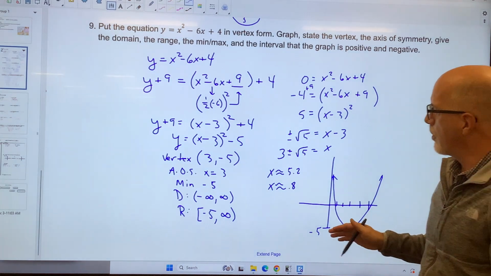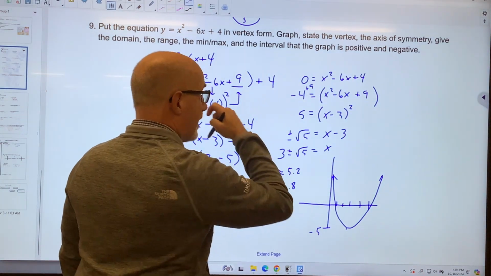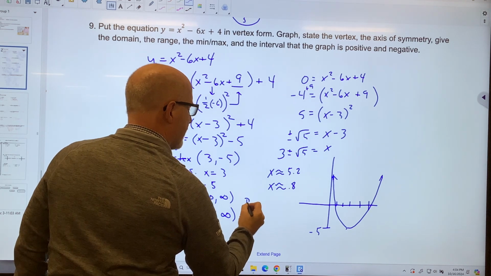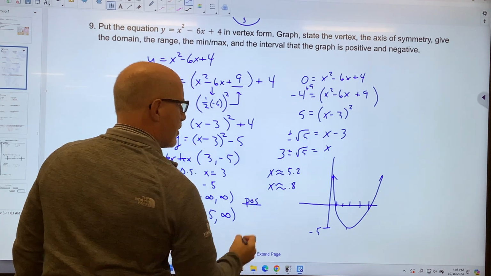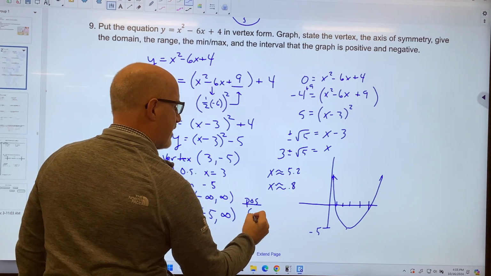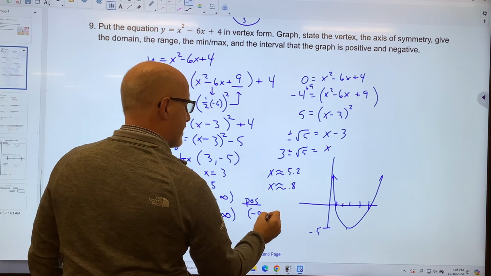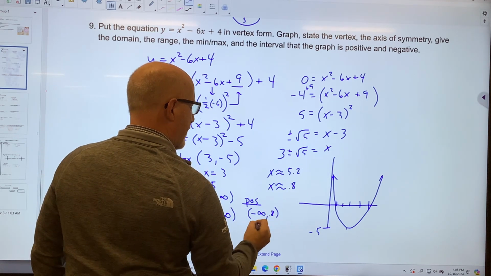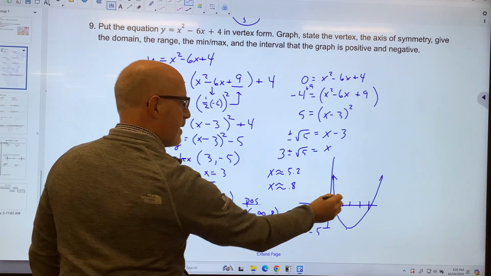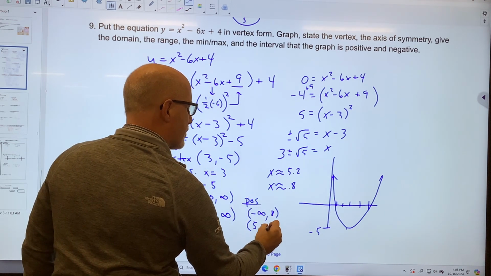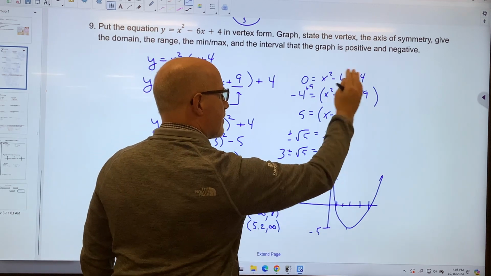So notice where my positive and negative ranges are. It's going to be positive when we go from negative infinity and end at 0.8. And then also it's going to be from that 5.2 and go off to infinity for the rest of it.